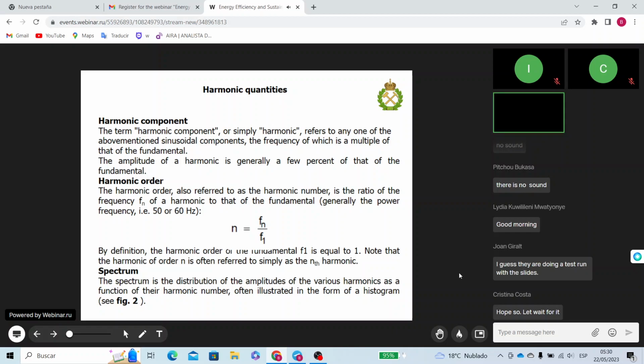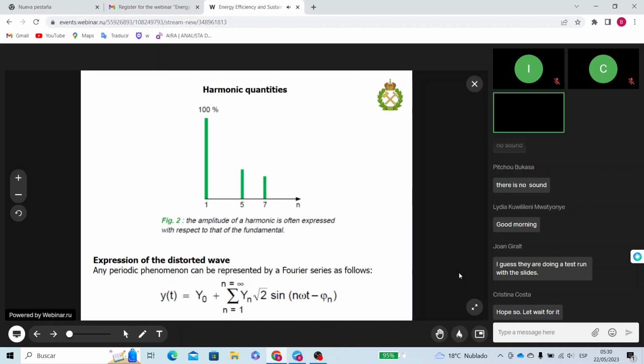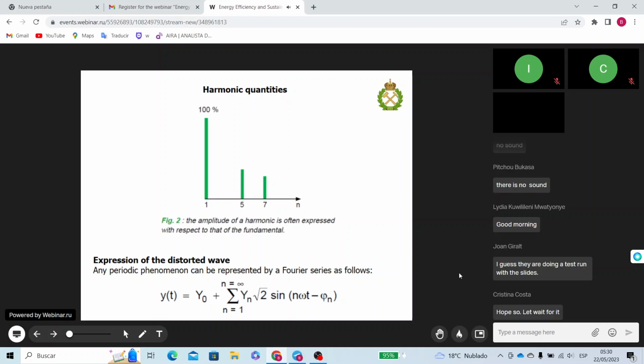Here you may see an example of such a spectrum where we can find the amplitude of each harmonic which is presented in our power supply spectrum. And also we can express our distorted wave by means of the mathematical expression called the Fourier series as follows. You see an equation which reflects such Fourier series.